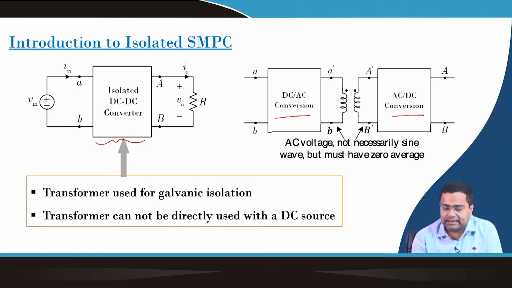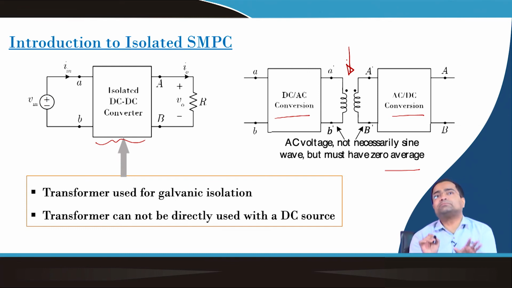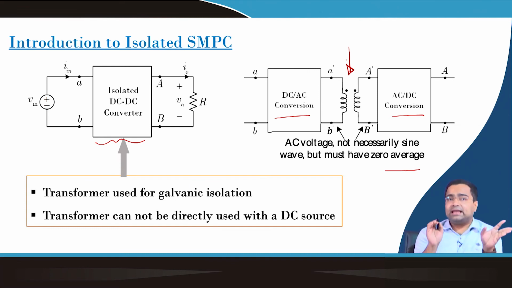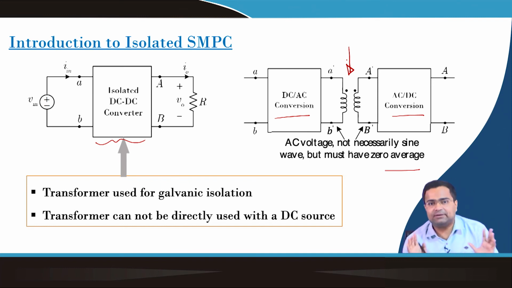It is not necessary that the AC be a sine wave; it can be a square wave or a quasi-square wave. But the average value of this AC signal passing through the transformer must be 0. Any non-zero average value will lead to transformer core saturation, so we have to make sure the average value is 0 at steady state.